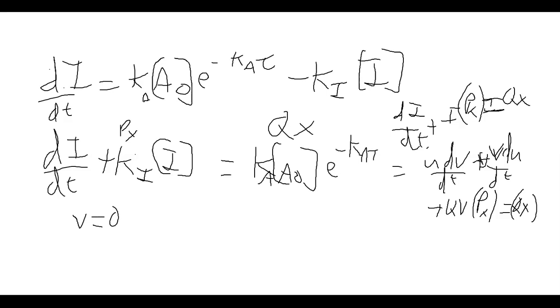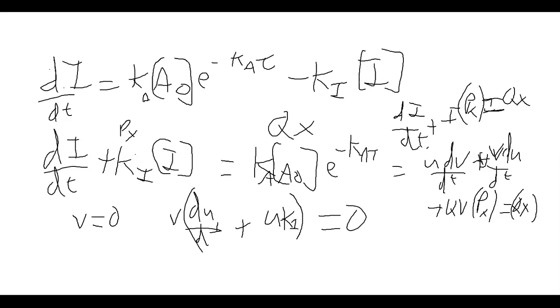If v is 0, then this simplifies to v du/dt plus u Ki, and that whole thing equals 0.